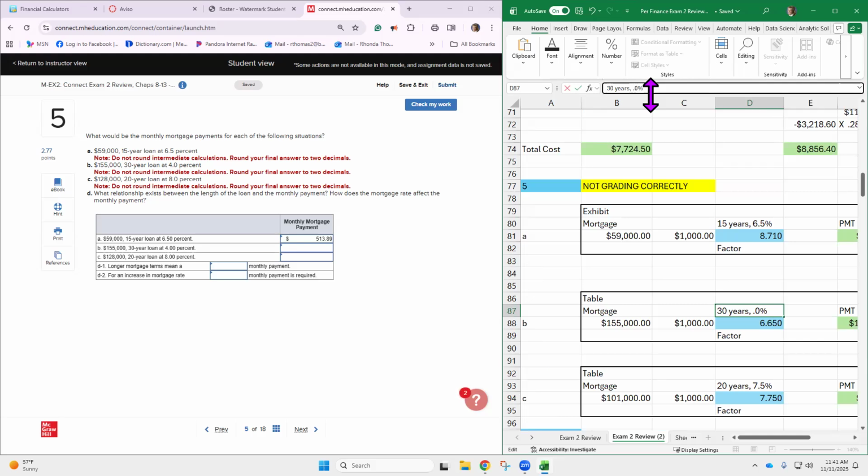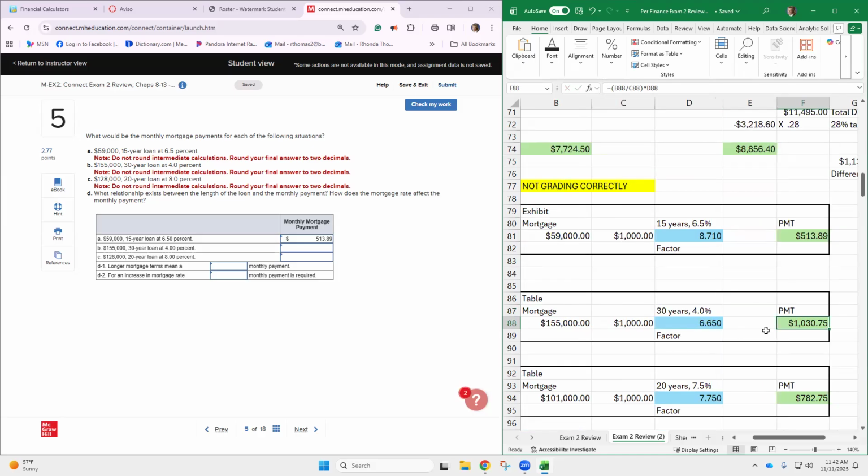So my second one is 4%. I got to go get a factor here. My factor is 30 years and 4%, so I'm looking at 4.77. So I'm looking at an estimated mortgage payment a month of $739.35.